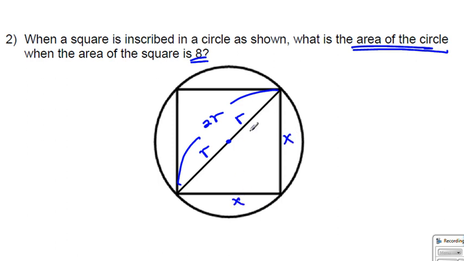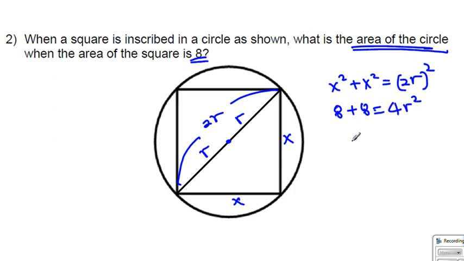The relationship between these three sides will be x squared plus x squared equals 2r squared by the Pythagorean theorem. But here you will realize that x squared in fact is the area of the square. So therefore we end up getting 8 plus 8 is equal to 4r squared.